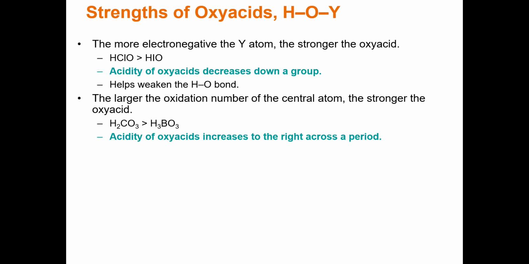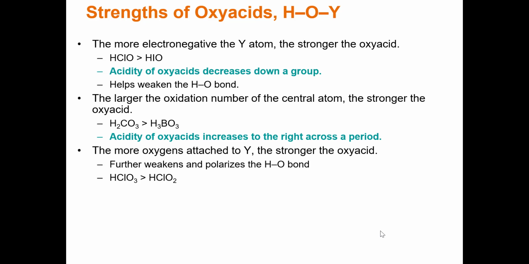So as that central atom, the Y, becomes more to the right on the periodic table, the acidity of that molecule will increase. Again, the same thing. More tendency to want electrons makes it easier to lose a proton.